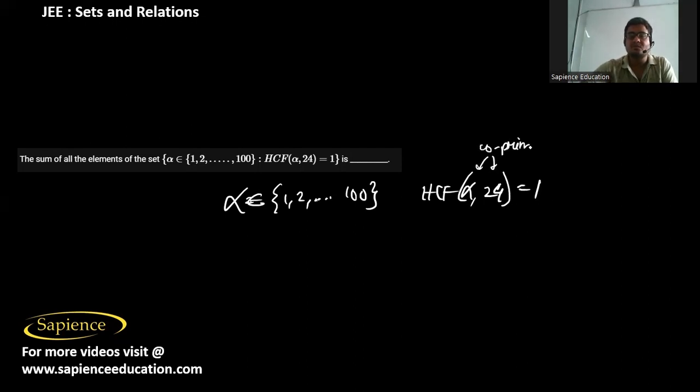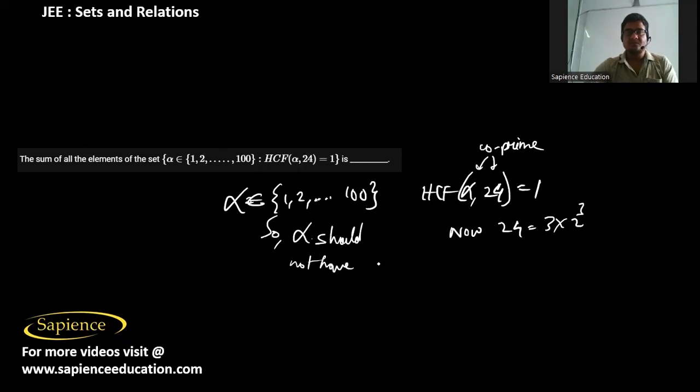It means they should have no common factor other than 1. Now 24 can be written as 3 into 2 power 3, since 3 8s are 24. So it means that alpha should not have 3 or 2 as its factors.